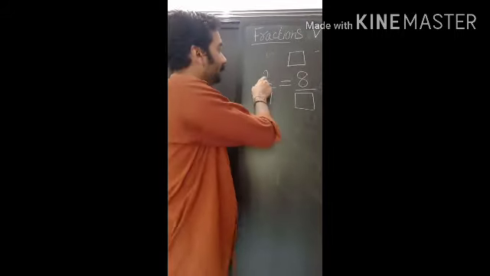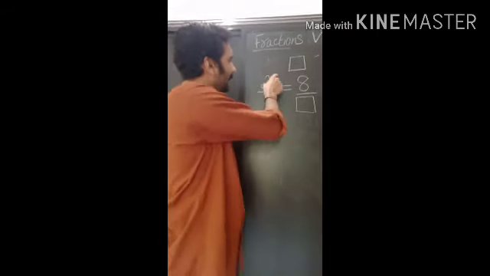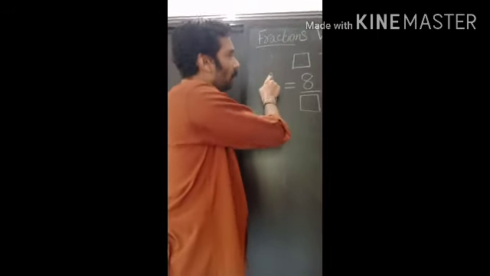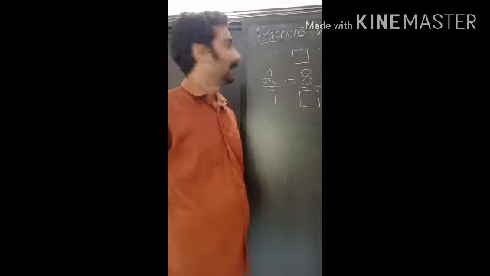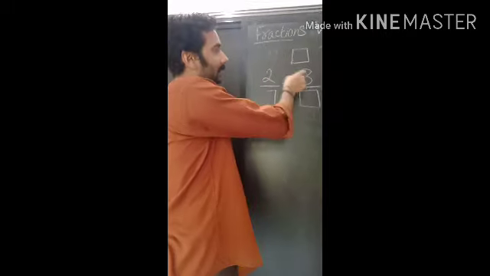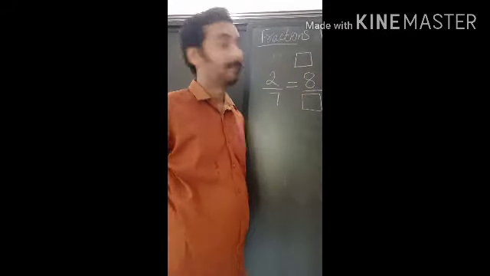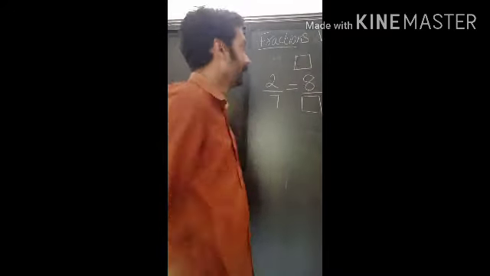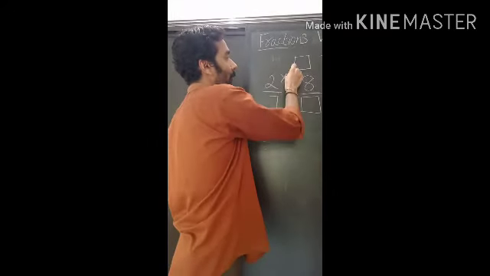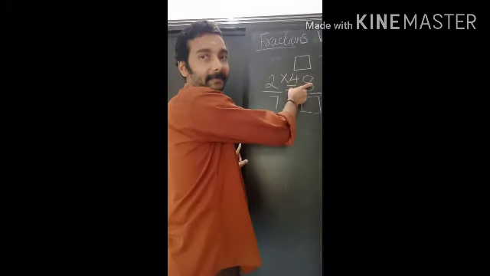This one is 2, this one is 8. 2 multiplied by which number we get 8? Yes, 2 into 4 is 8.